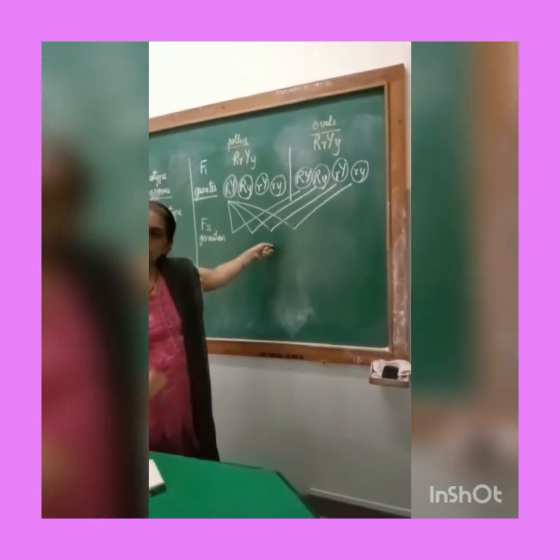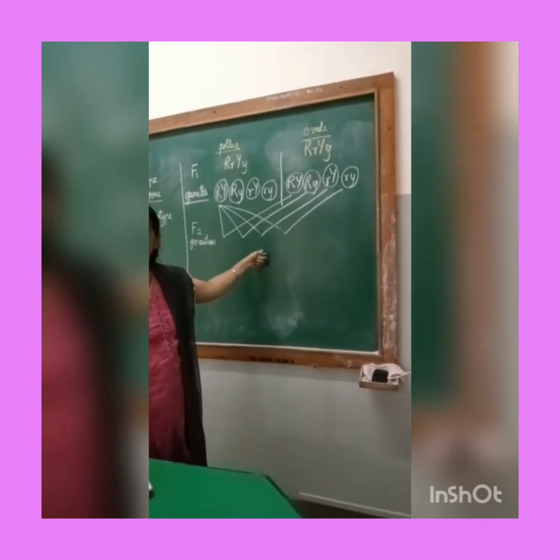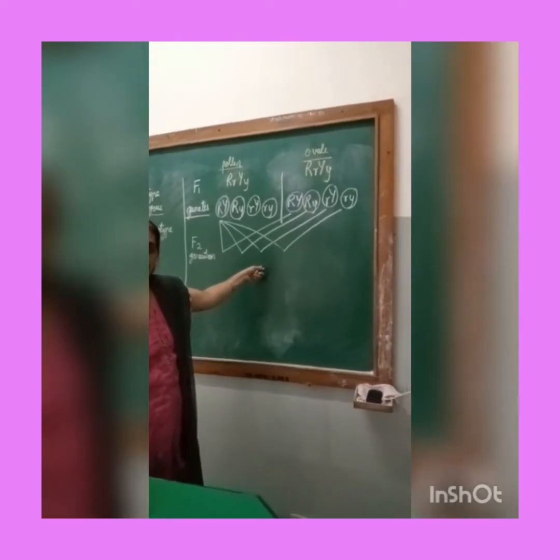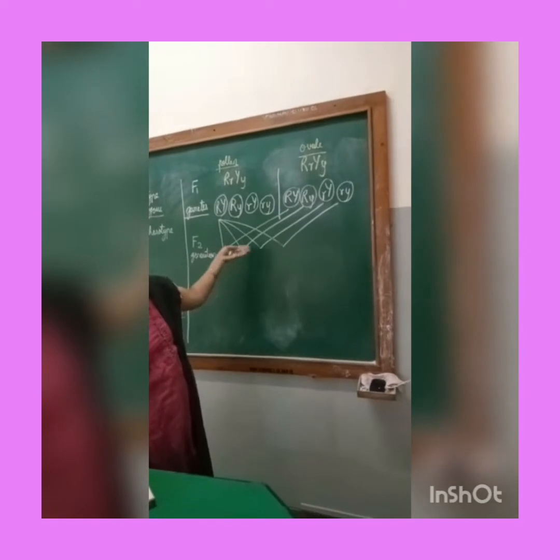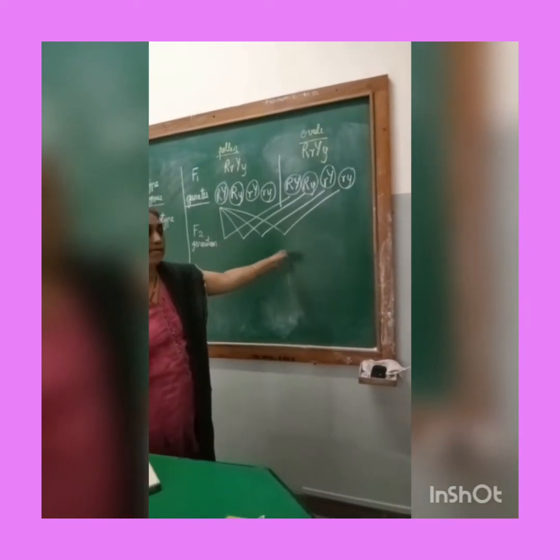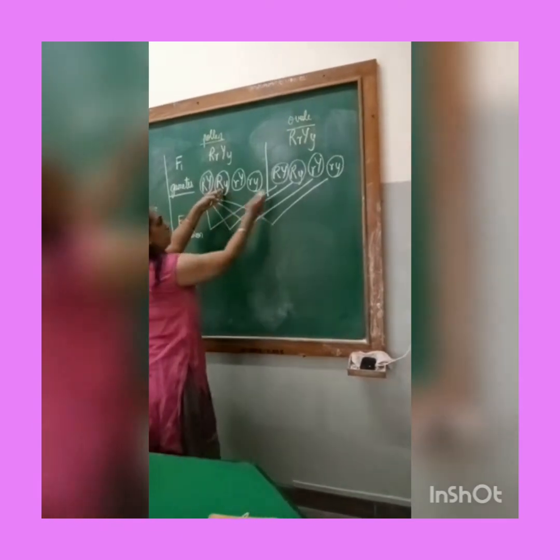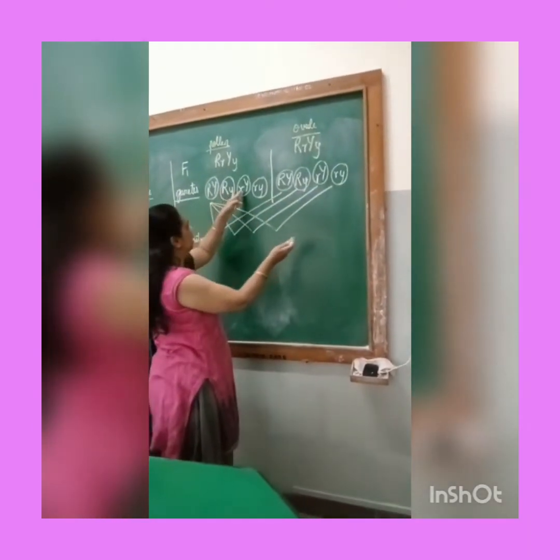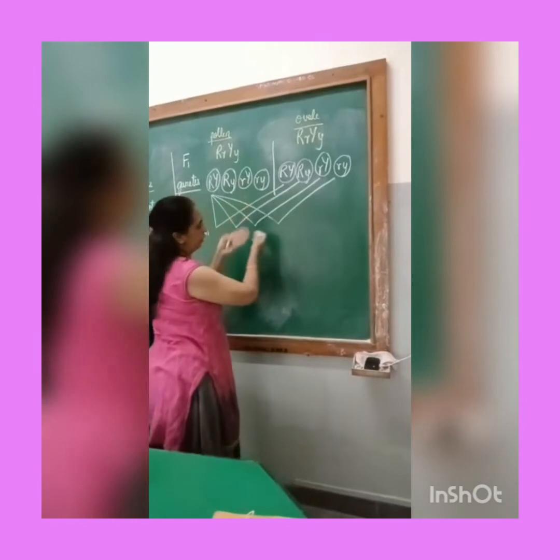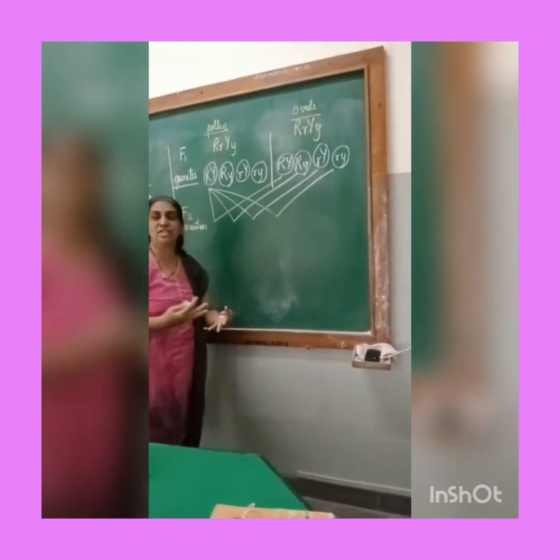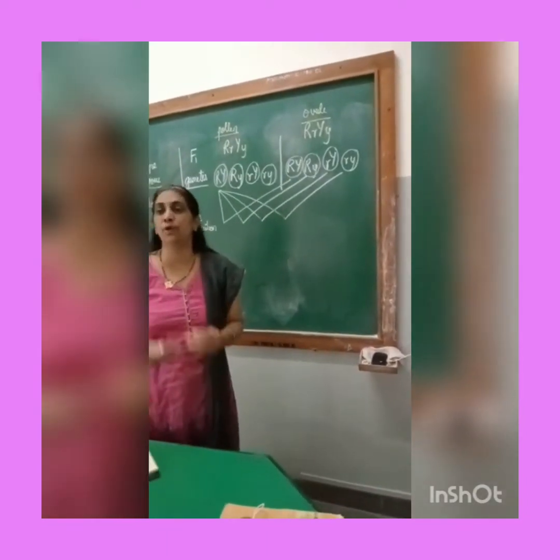So a lot of combinations are possible in the dihybrid cross, and that is why it becomes difficult to represent it like this. In the same manner, if I take this pollen, it will also be able to combine with any of the 4. This will be able to combine with any of the 4, and here I will get a mesh which will be impossible for me to understand.